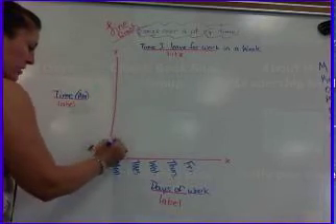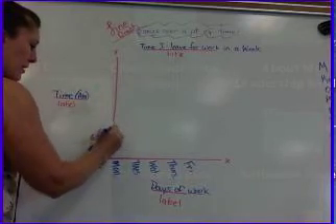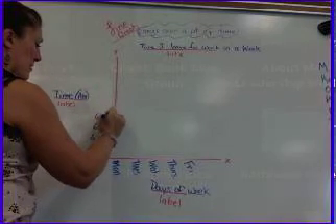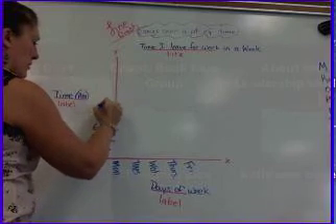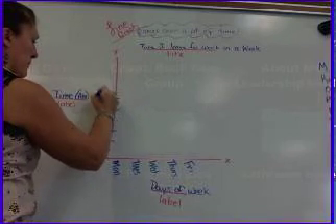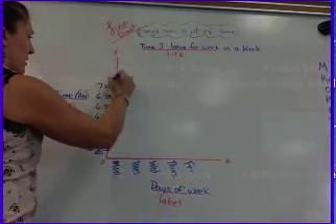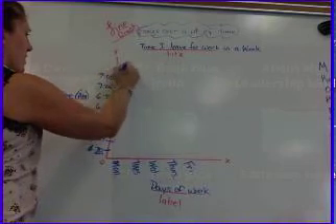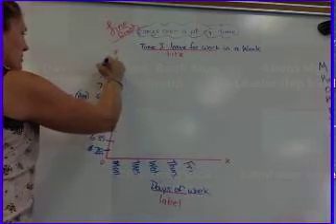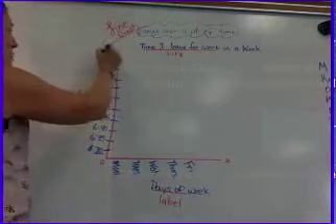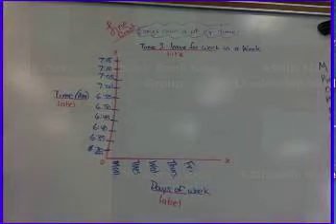So 6:30, 6:35, 6:40, 6:45, 6:50, 6:55, 7 o'clock, 7:05, 7:10, and I'm going to go a little higher than 7:12 because I have to cover 7:12. So 7:15 would be my top data. Okay?